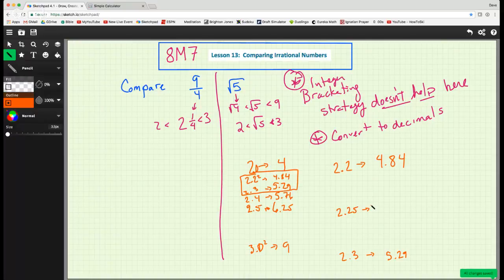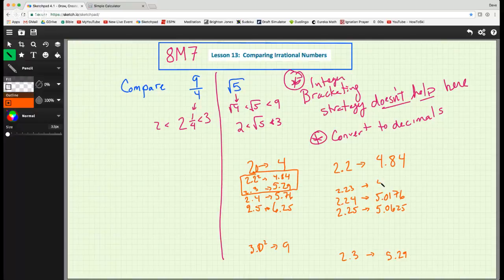So let's see what happens if I do 2.25. Well, 2.25 squared is 5.0625. So let's try 2.24 squared. I'm just typing all this in on the calculator. I'm not doing these calculations by hand. 5.0176. So let's try 2.23 and see what happens.